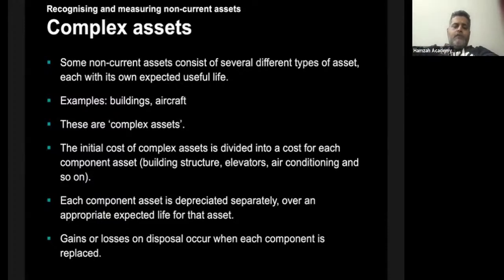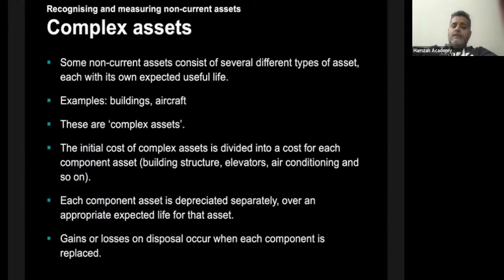Now, obviously, as it's a complex asset, it makes no sense to depreciate all the different component assets over the same expected useful life, because their individual lives are different, right?